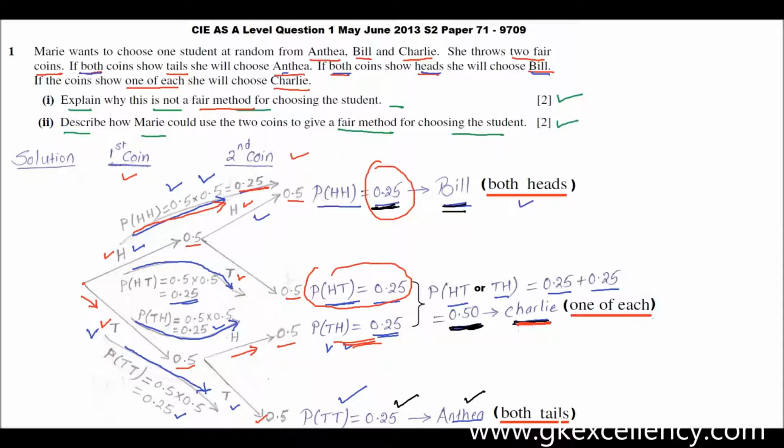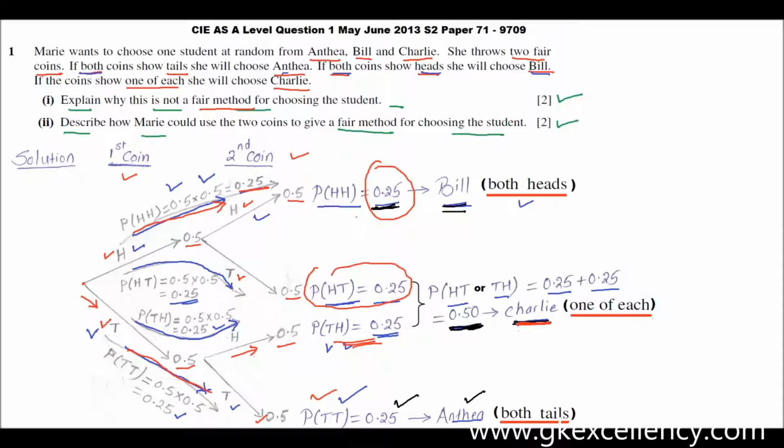Or you can allow the probability of choosing tail and tail, again 0.25. Tail and tail, again I'm traveling only in this branch, so 0.25. Either way, right? Or I can say if both heads, then choose Charlie. It's all up to you.